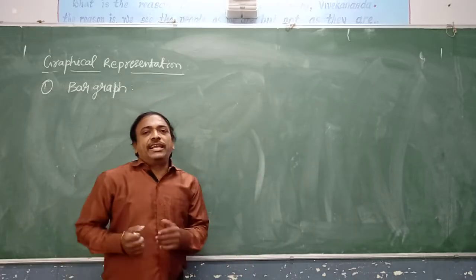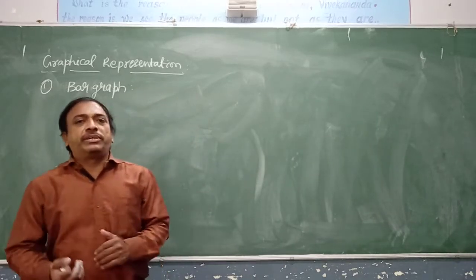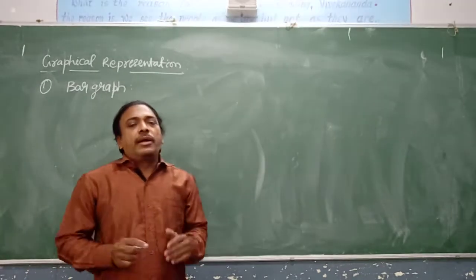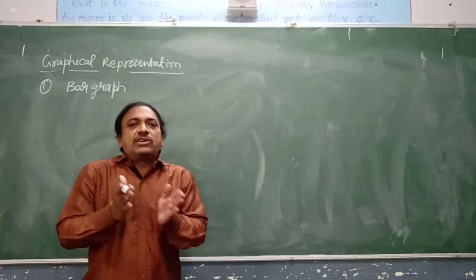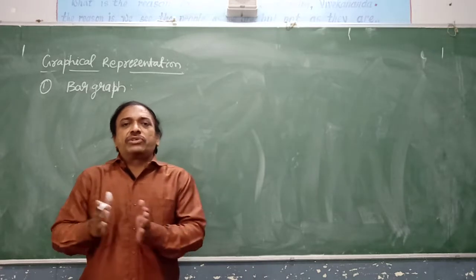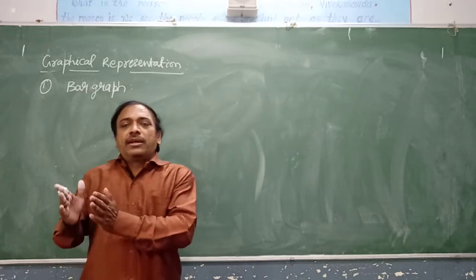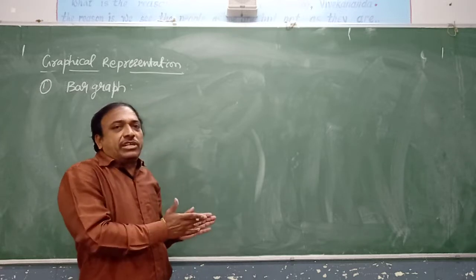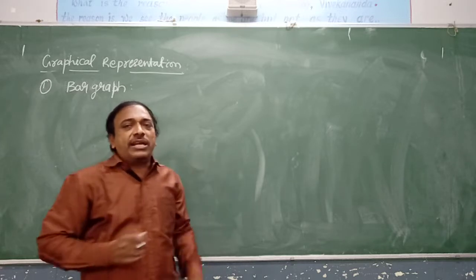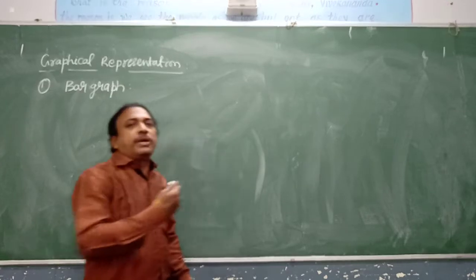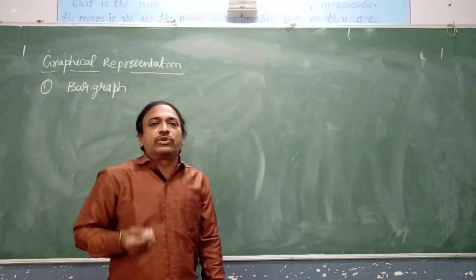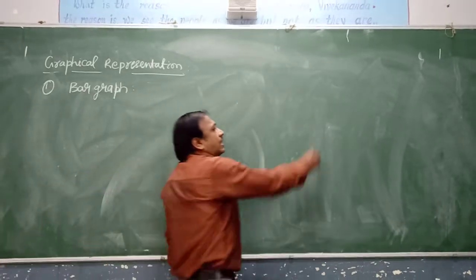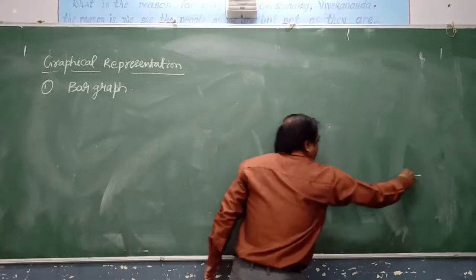Now in detail, again we are going to discuss the bar graph. In a bar graph, the given numerical data is represented graphically, picture-wise, by using rectangular bars. To represent a bar graph, we need to revise the horizontal line and vertical line.